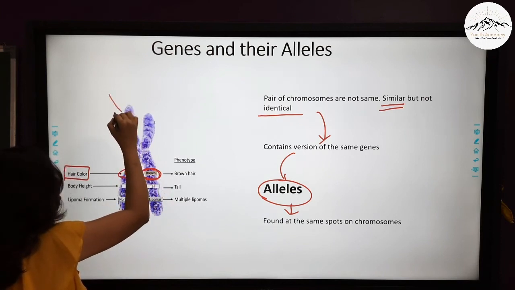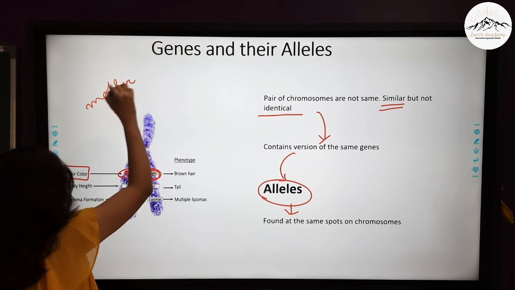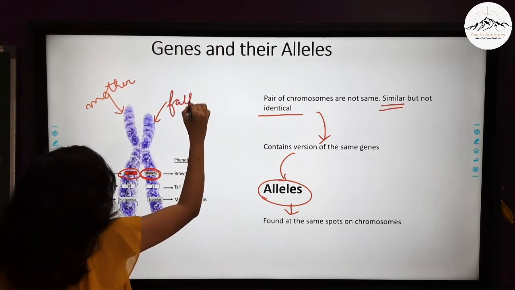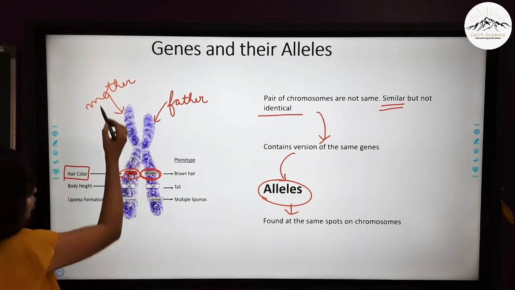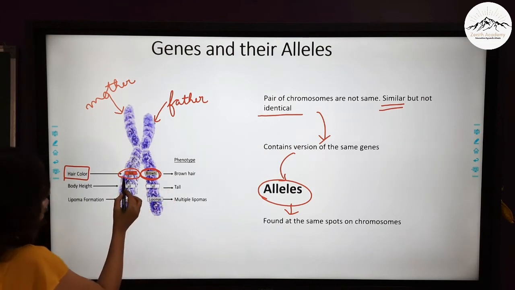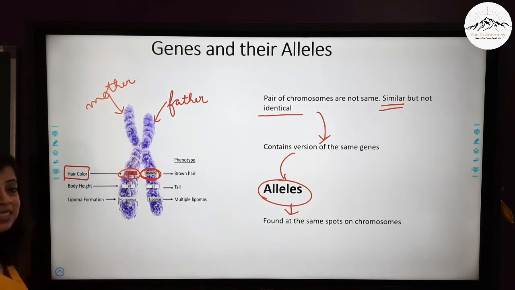Say the mother had red color hair, and this is from the father. So red color was from the mother and brown color of the hair was from the father. So there are two alleles in the same chromosome pair at the same position.